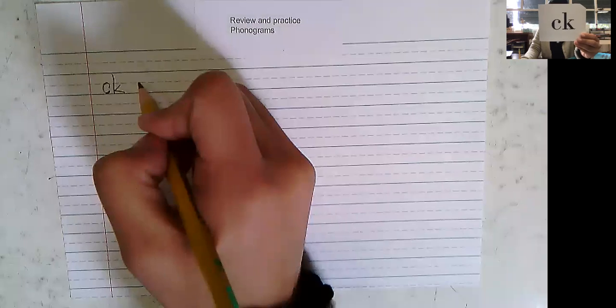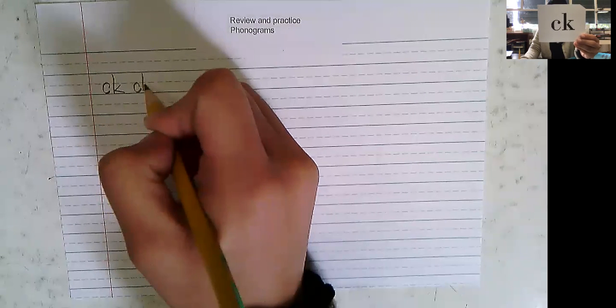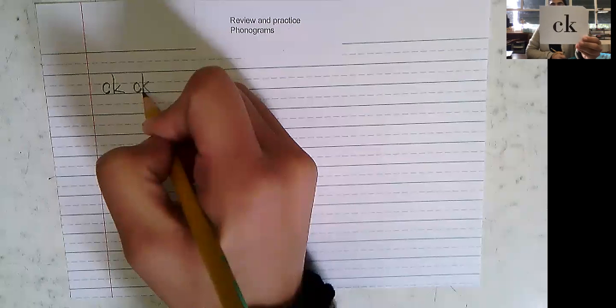Write it down. K. Two-letter K, used only after a single vowel, which says a, I, a. Say with me.